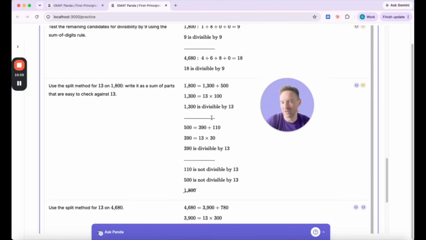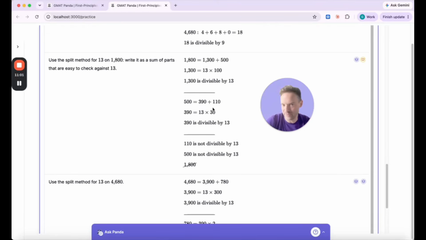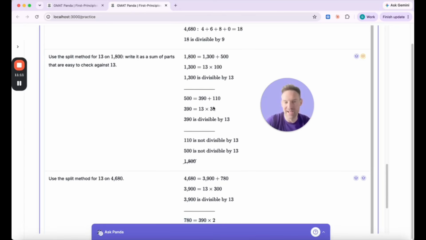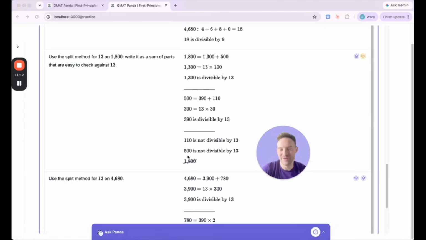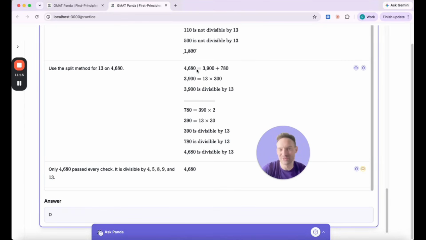So notice how I'm carefully choosing how to use the split method, and I use it in different steps if needed, but always keeping the math very easy to do. And then the last one is 4,680. Here I split it as 3,900 plus 780. Why do I choose 3,900?